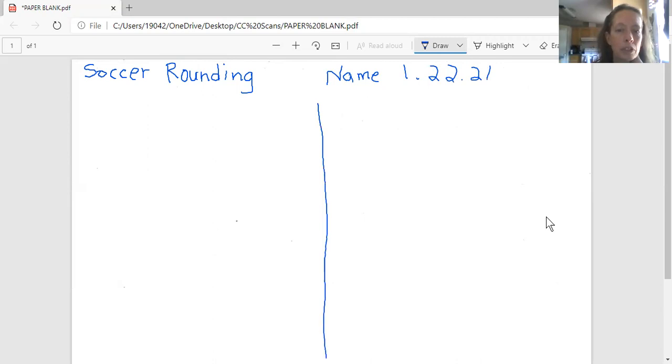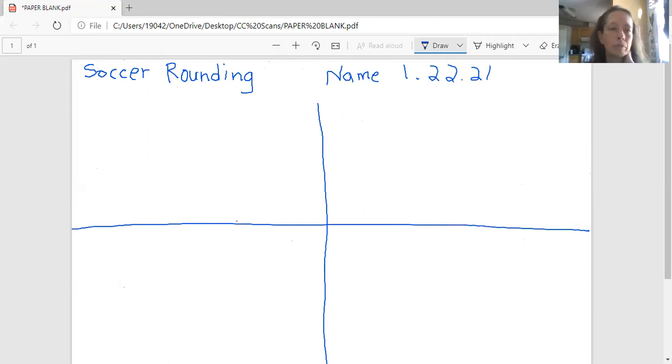Okay, and we're going to give ourselves some nice big lines here. A line, and an arrow, and then a line, and a line. If you can't make those arrows, just do the best you can.